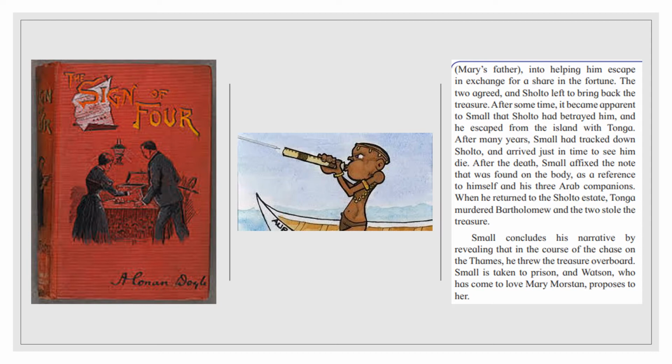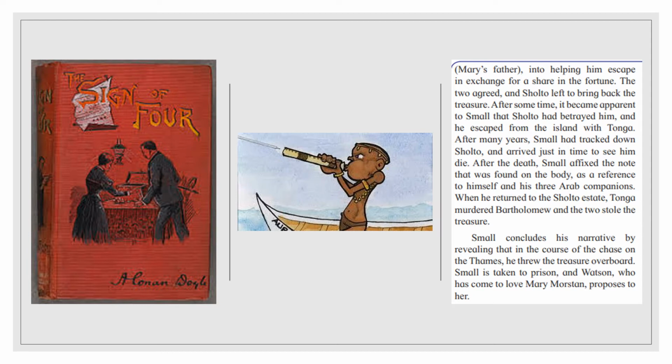After some time, it became apparent to Small that Sholto had betrayed him, and he escaped from the island with the help of Tonga. After many years, Small had tracked down Sholto and just arrived in time to see him die. After the death, Small affixed the note that was found on the body as a reference to himself and the three Arab companions.